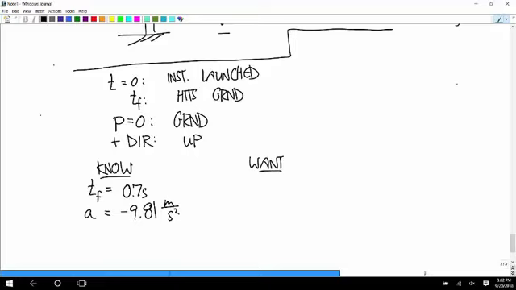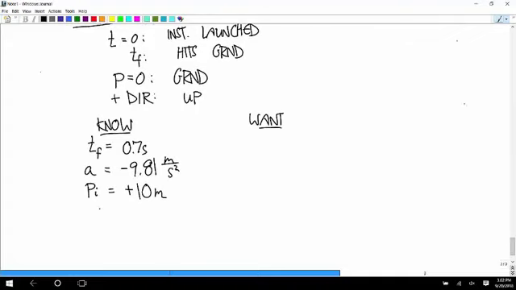Initial position is positive 10 meters. Final position is 0. We want the initial velocity, and we don't know or care about the final velocity.